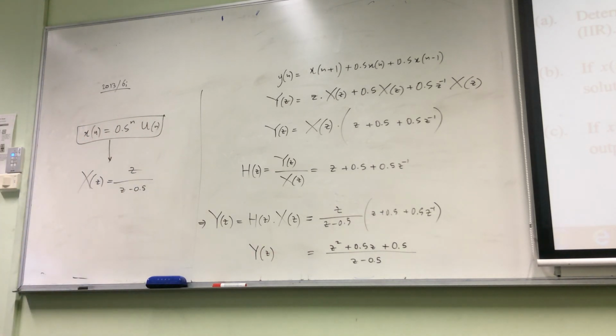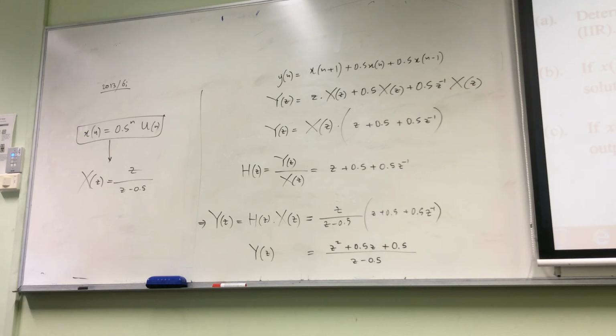And what now? I don't know. Invert the Z transform of this one. Inverse Z. Now the power of the top should be less than the power of the bottom. Yeah, we should make that not impossible. Not possible here.